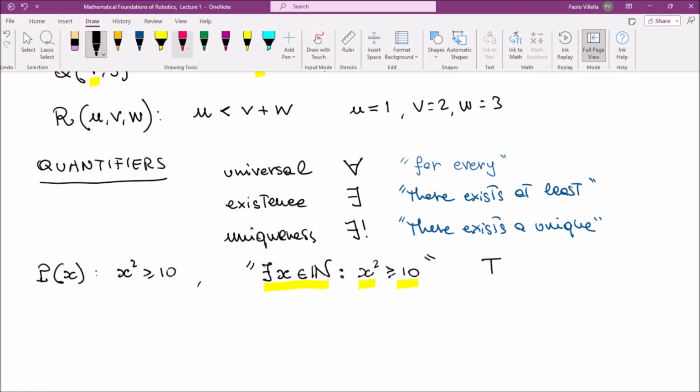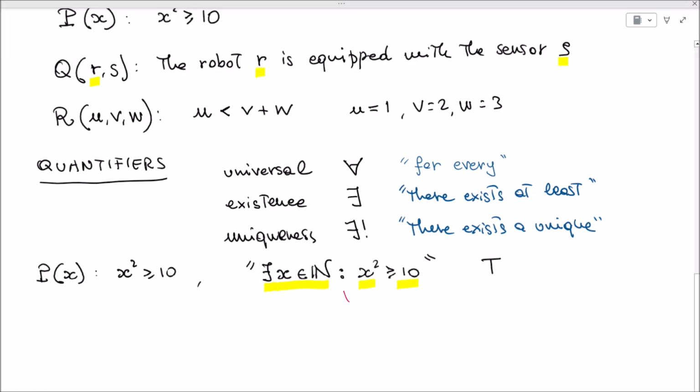Notice that we have used this symbol, this comma, and we read this comma as "such that". This comma doesn't play a specific role from the logic point of view, but it is just useful to give flow to the proposition itself.